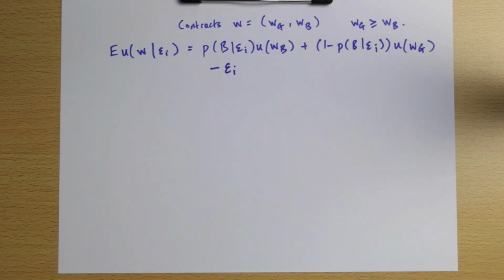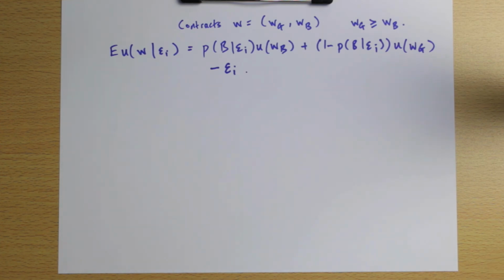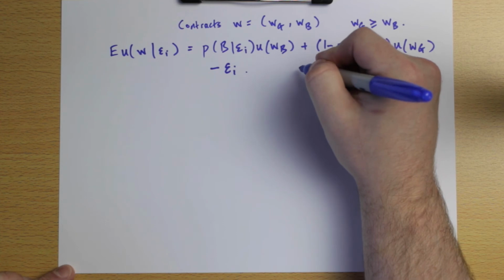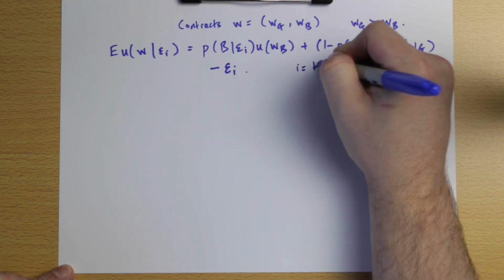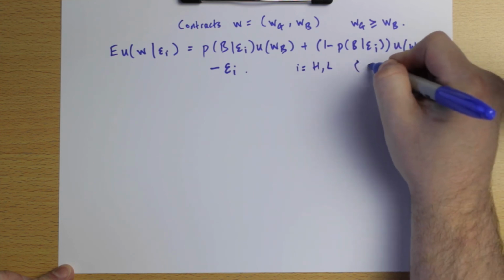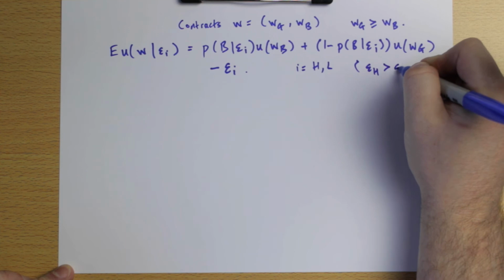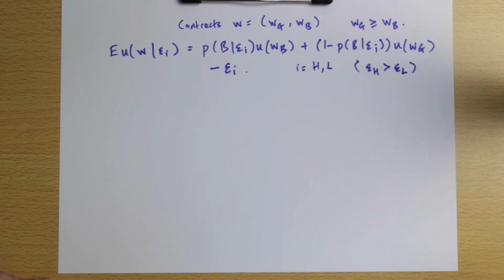It's going to denote both the level of effort and also the disutility associated with that level of effort. Remember, I is either high or low, and we also assume that epsilon H, high effort, has a greater disutility than low effort. Sometimes this is called a linear in disutility of effort model.